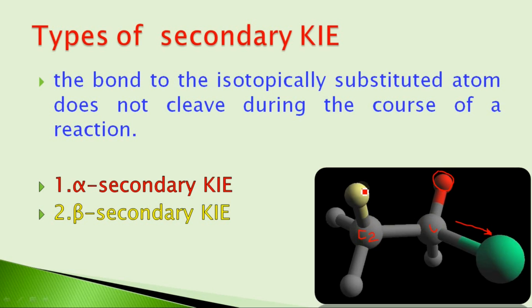If isotope is placed here on C2, it is called as beta secondary kinetic isotope effect. So, alpha secondary KIE means isotopic substitution will be on the carbon which is undergoing cleavage, and beta secondary KIE means isotope is present on the neighboring carbon.